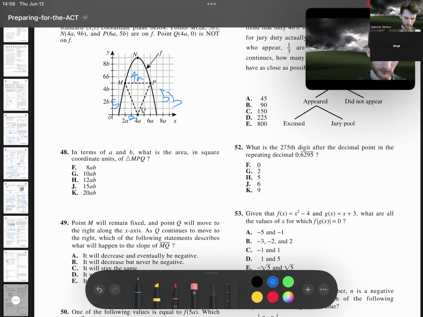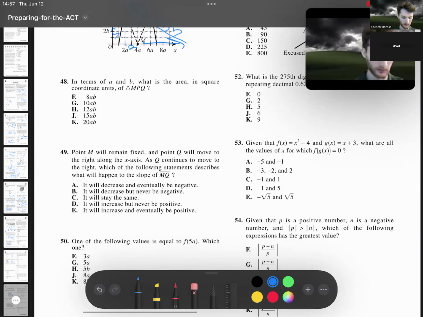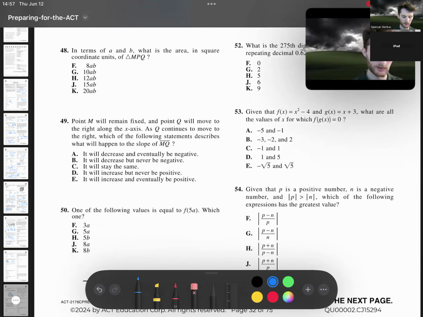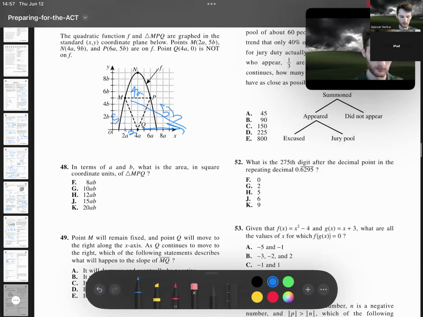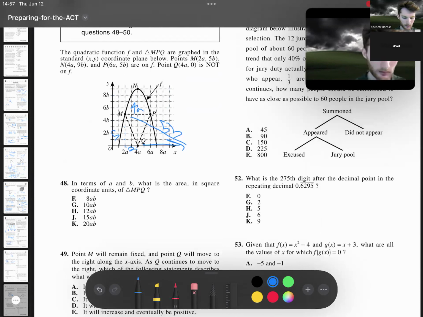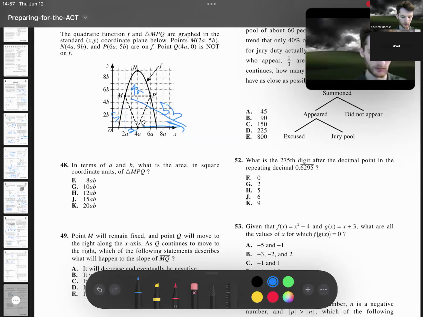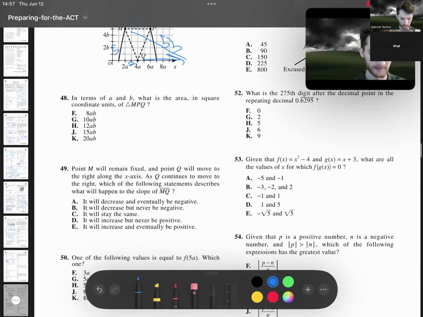Okay. Point M remains fixed and point P moves to the right as Q continues to move to the right. Which of the following statements describes what the slope does? It will increase but never be positive. That's true. 49 is D. Which one of the following values is equal to f of 5a? Okay. Point Q is not on. Yeah.